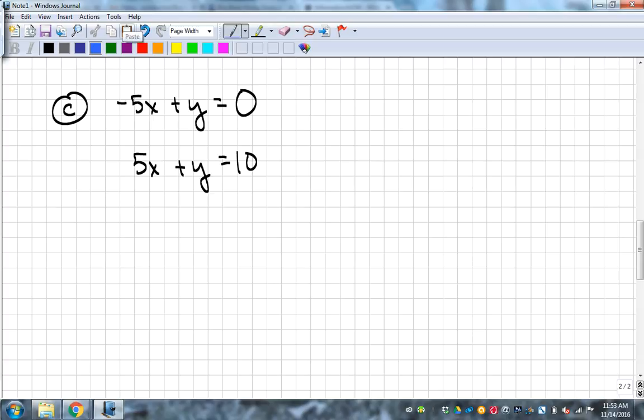So how do I get the first one there? Add 5x. That's going to give me y is equal to 5x, technically plus what? 0. We normally don't write that. Okay. The second one, what do I do to get y by itself? Subtract 5x. So that's going to give me y is equal to negative 5x plus 10.